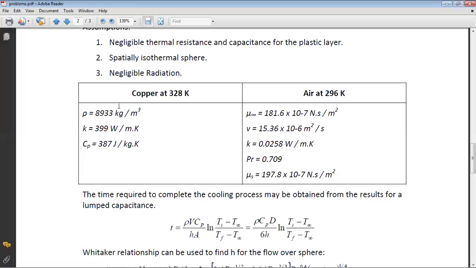Now you've got the properties of copper. At the same time, you also need to know the properties of air. In that case, you need to go with the property values of gases and vapors, which start at page number 34 in the 8th edition. Now, if you open page number 54, you have property values of gases at 1 atmospheric pressure.